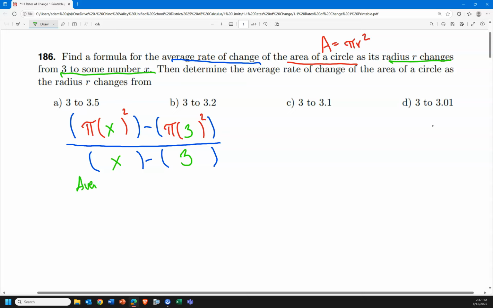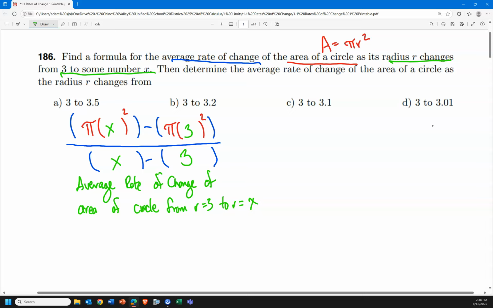This is the average rate of change of the area of a circle from radius equals 3 to radius equals x.